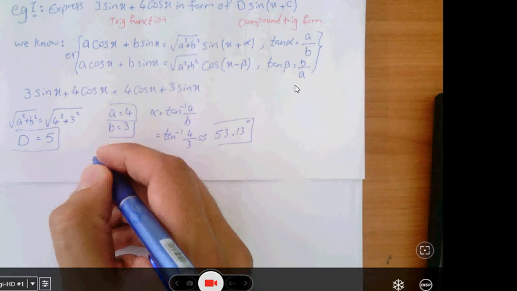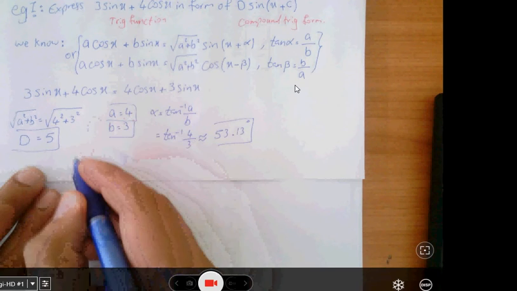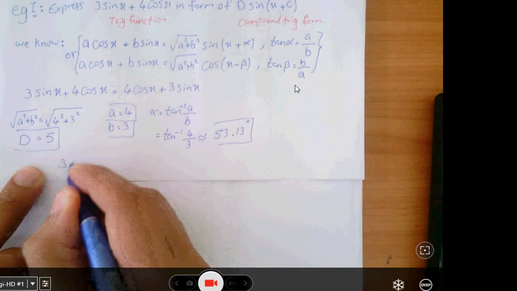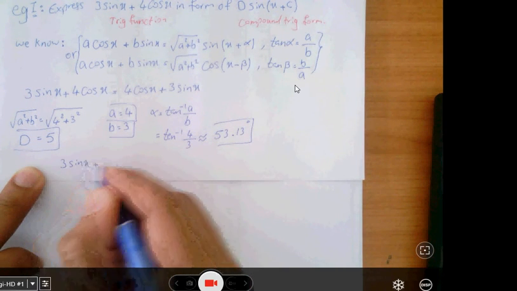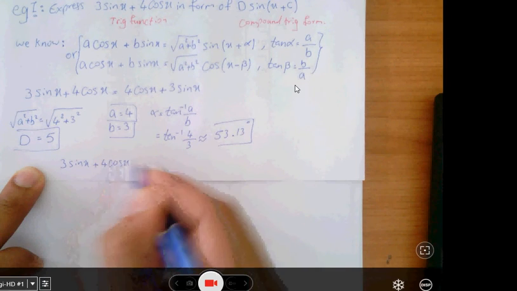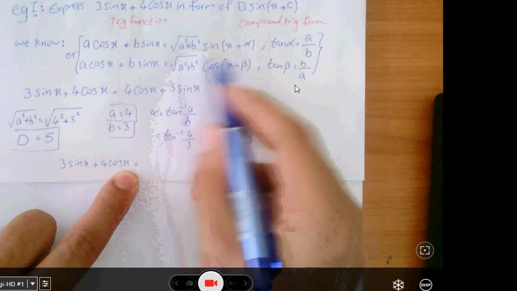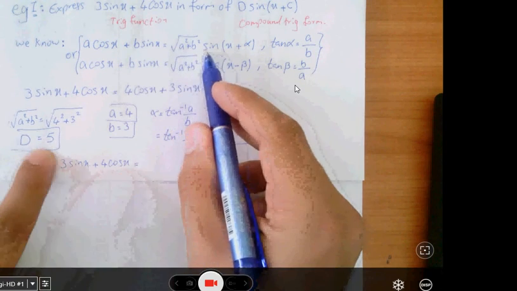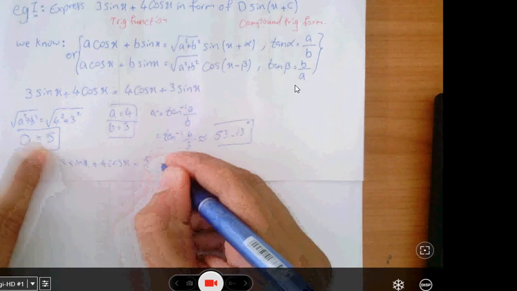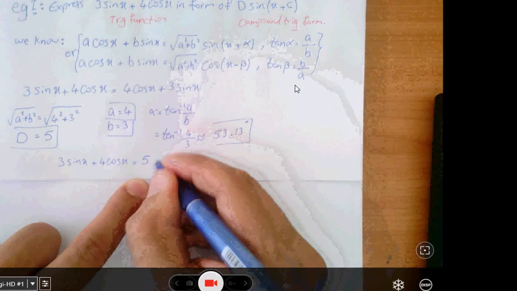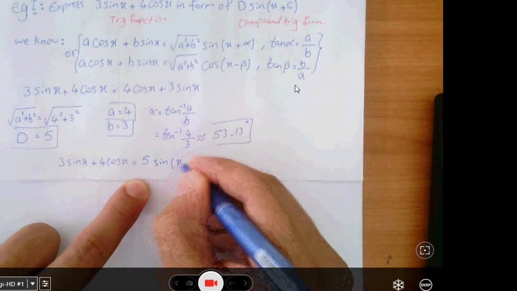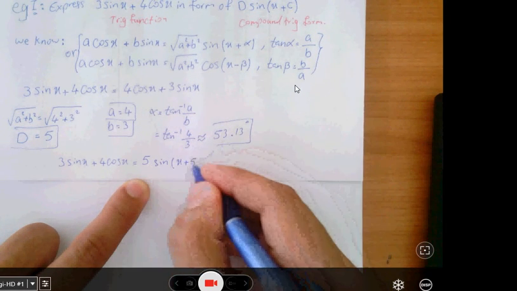All right, perfect. So 3 sine x plus 4 cosine x equals, in my format, D, which is 5, times sine of x plus what angle? 53.13.